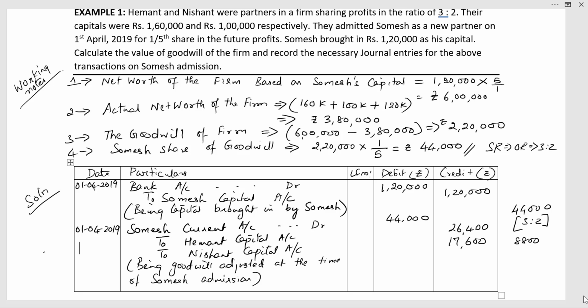So this is the answer to the first example in this hidden goodwill sum. Let's go to the second example.